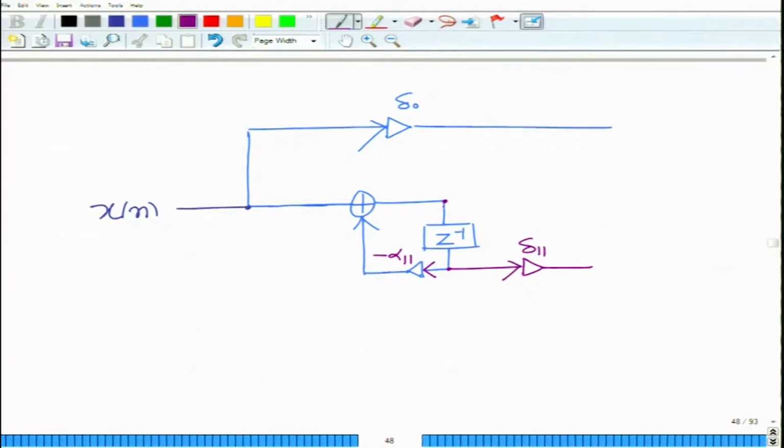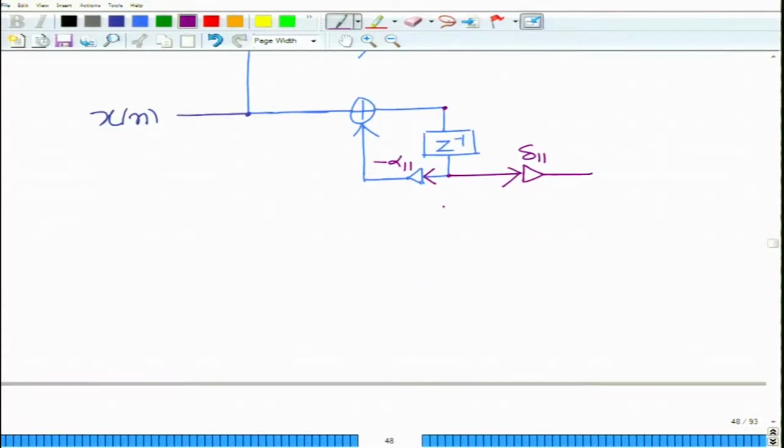So, this is this, and then you have another branch. There is another delay; this is a second order factor.